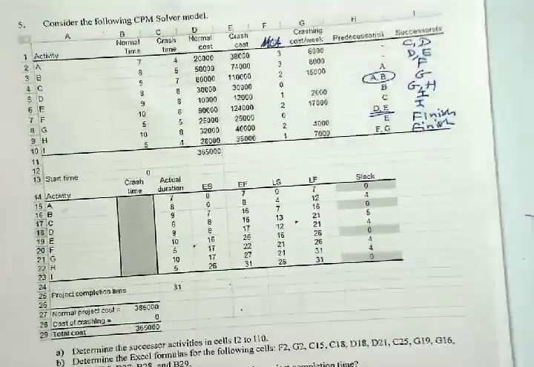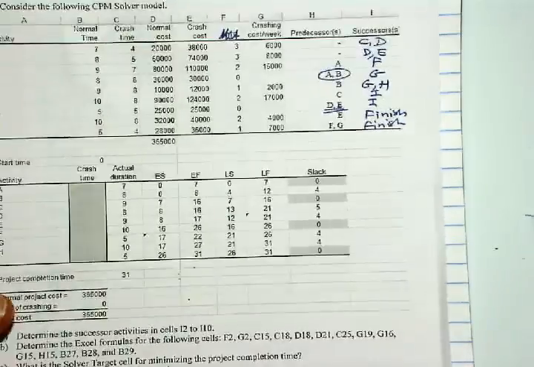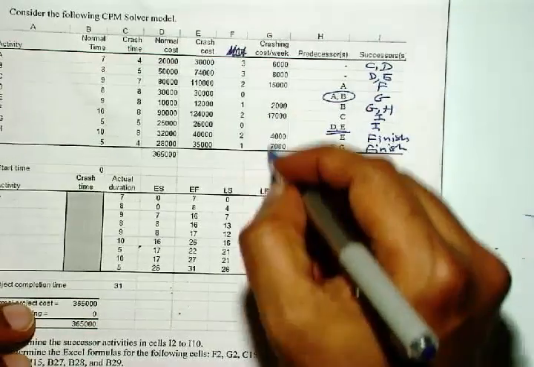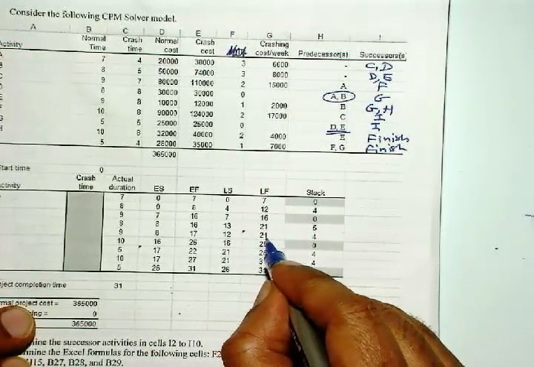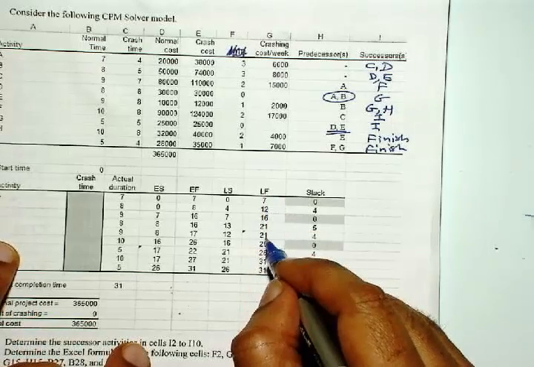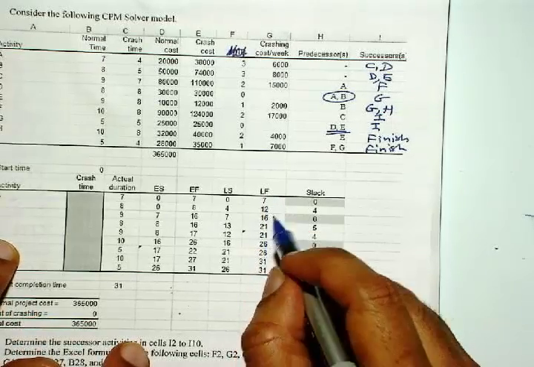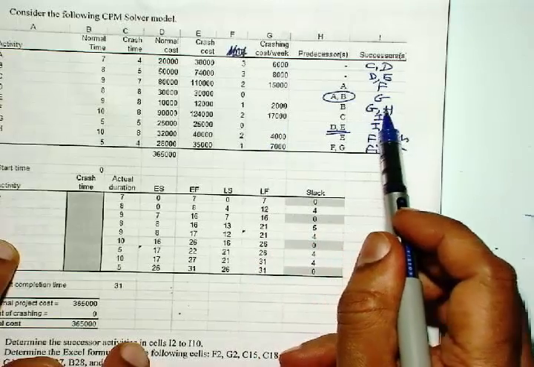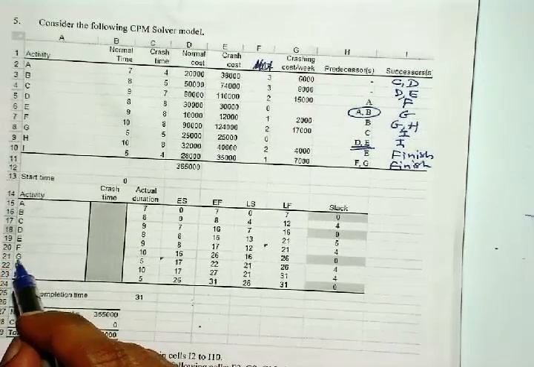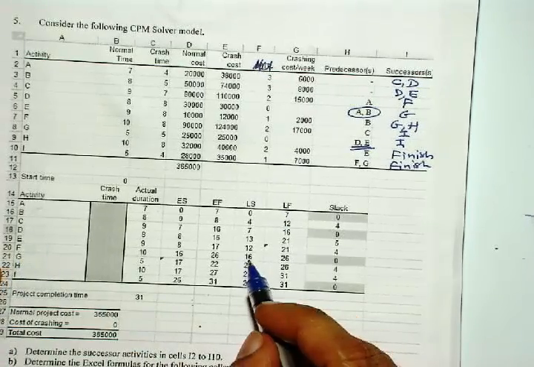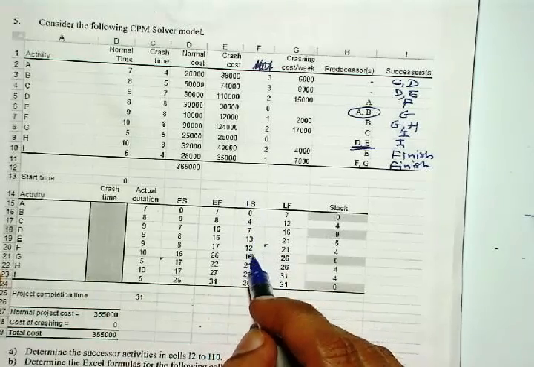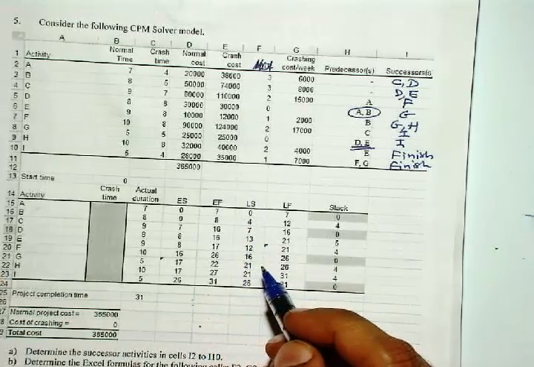Next is G19. So G19 is the latest finish time of E. So you look at the successors for E, which are G and H. So G and H, the latest start time for G and H, which will be F21 and F22, and the minimum of that.